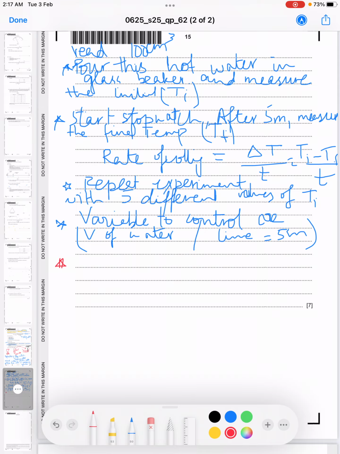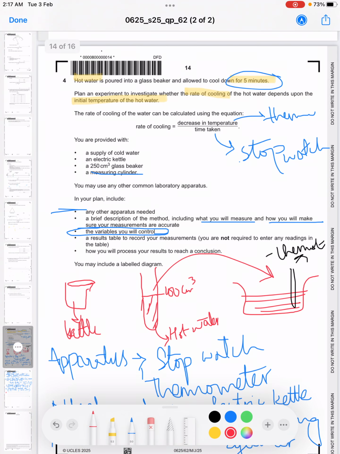Okay, so then the next thing is the results table, to record your measurements. Okay, and we need to show the table and then process it if you need the conclusion.